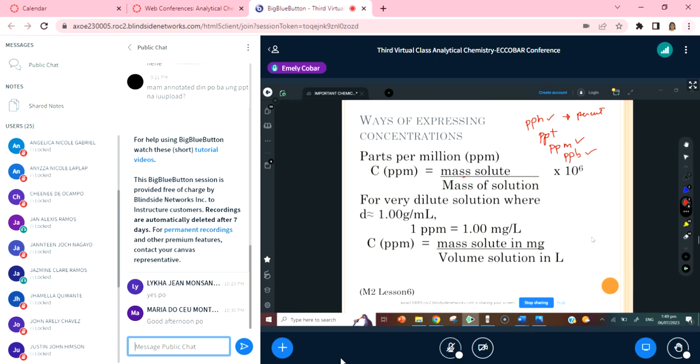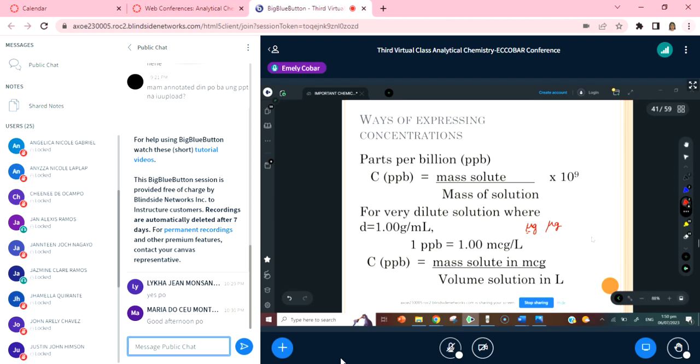What if, ma'am, sa isang 1 liter ay merong 10 milligrams na solute doon? Ano ang concentration nun in ppm? The answer is 10 ppm. 10 milligrams in 1 liter, ito 10 ppm. Okay, nagkakaintindihan tayo, class? Okay, next.